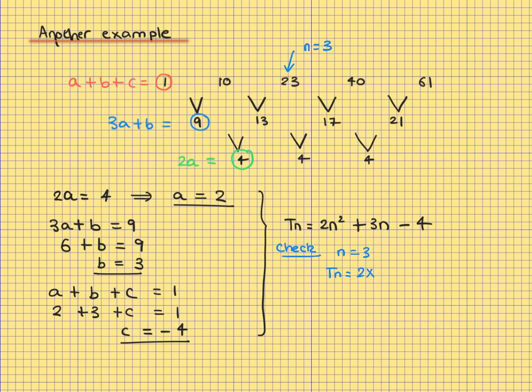So 2 multiplied by 3 squared, I'm subbing into this, plus 3 times 3 minus 4. Let's simplify this. So this is 18 plus 9 minus 4, which is the same as 18 add 5, which is 23, which is the third term. So it does appear to work using a quick check.